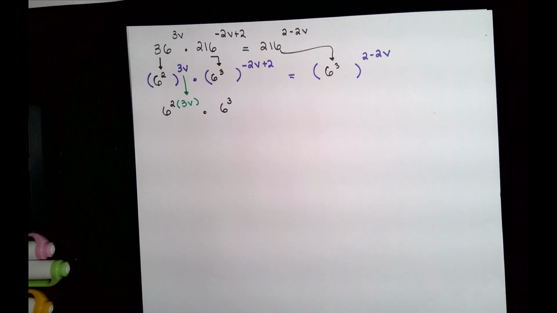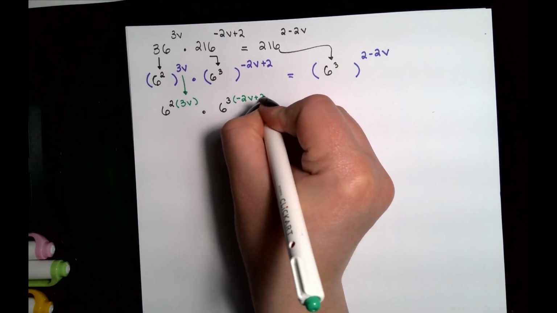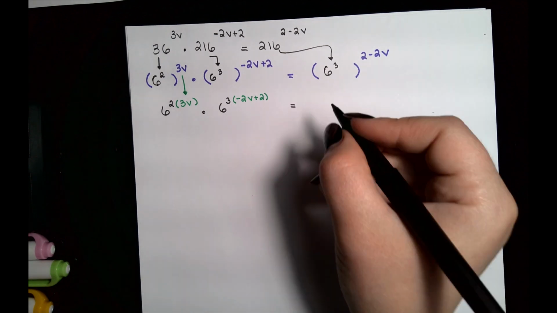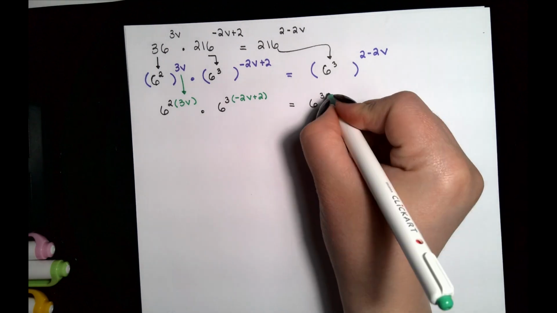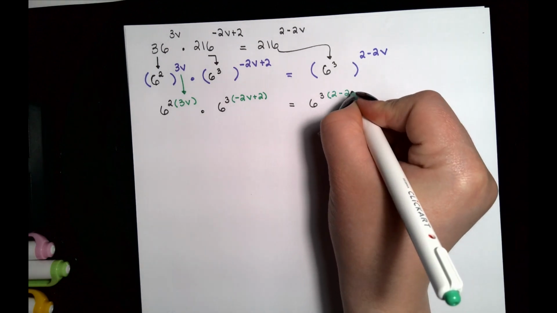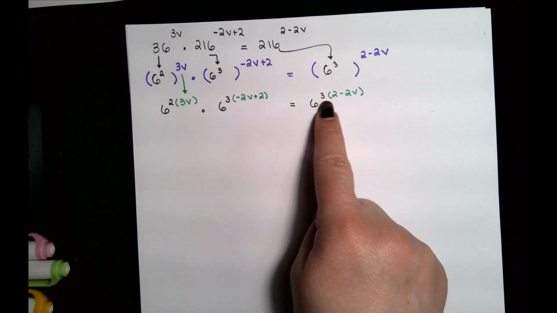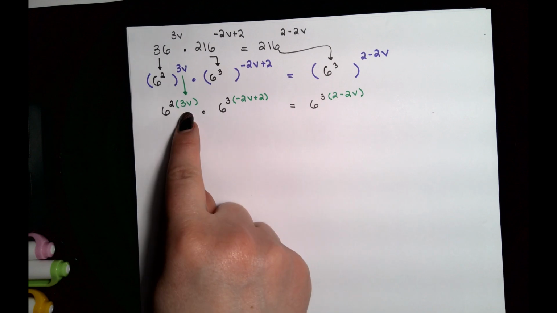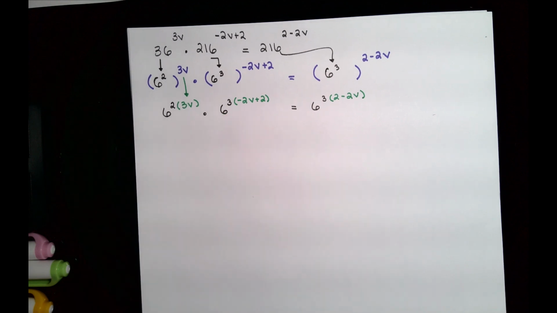By doing this, we are applying the power to a power property that says if I have something with an exponent and it has its own exponent, we will then multiply those together. And so by moving those parentheses, we are now multiplying 3 times 2 minus 2v, and 2 times 3v, and 3 times negative 2v plus 2.